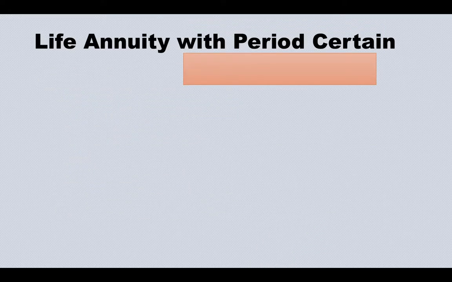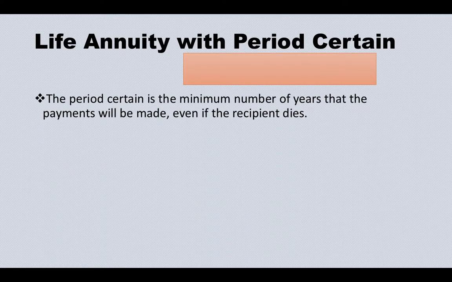Then we talk about the life annuity with period certain. The period certain is the minimum number of years the payment will be made, even if the recipient dies. Again, the same example: you're 60, you own a $1 million annuity contract.